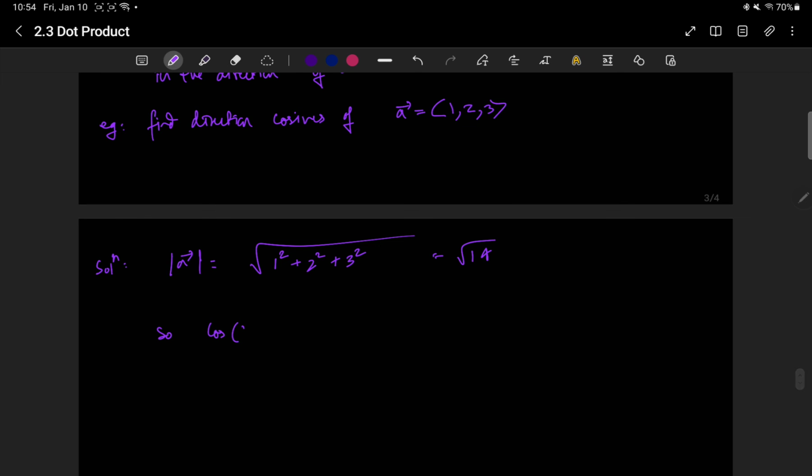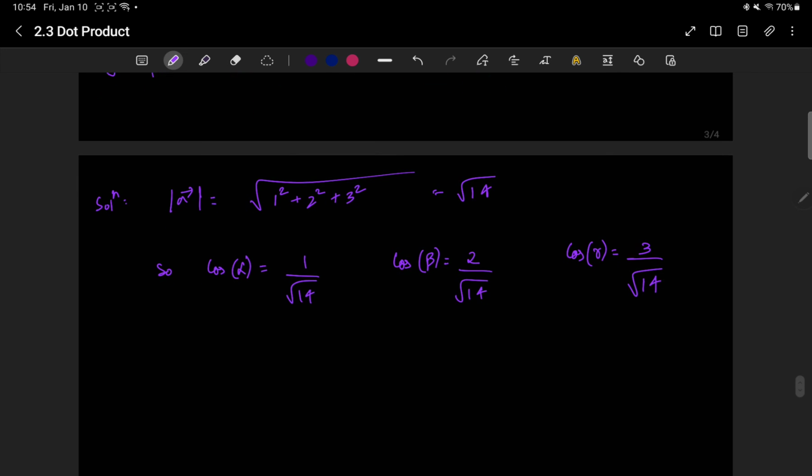So we have cosine alpha is going to be 1 over root 14 because that's A1. Cosine beta is A2 over magnitude, and cosine gamma is A3 over magnitude.